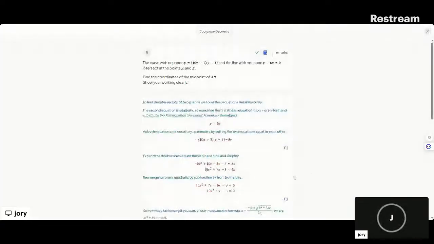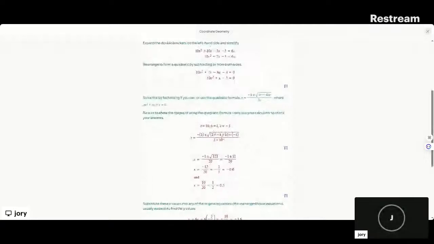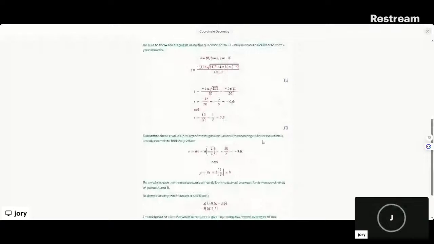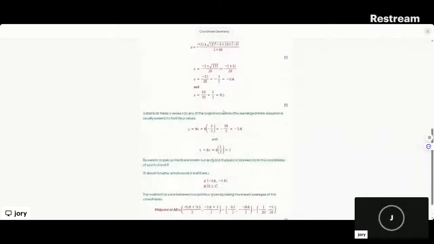Okay, first is that. And then second is that. Okay, we did that. And then it used this. I did not do that. Okay, so I have to write the quadratic formula. I lost that. Hello.